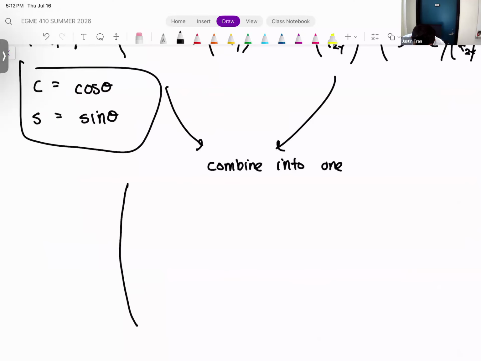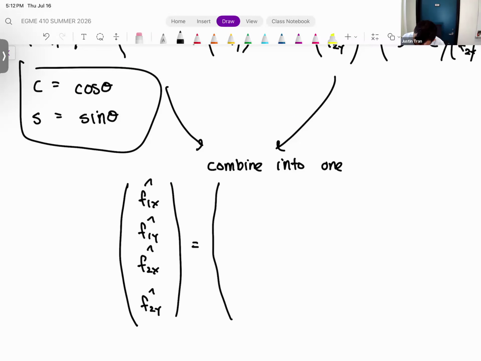So you combine these into one, and we get the following: F1x hat, F1y hat, F2x hat, F2y hat is equal to... In order for this to be algebraically consistent, we need to multiply this by a 4x4 matrix instead.